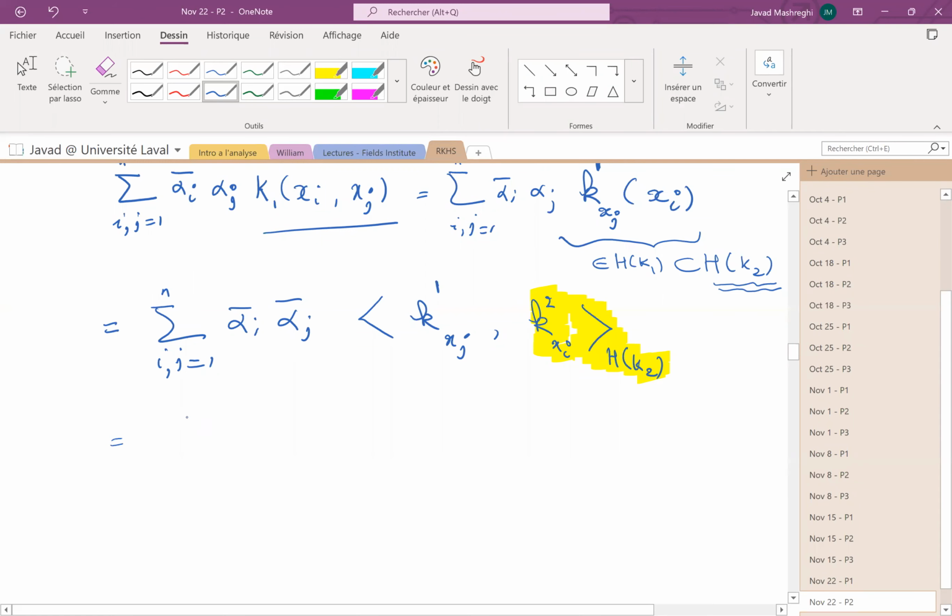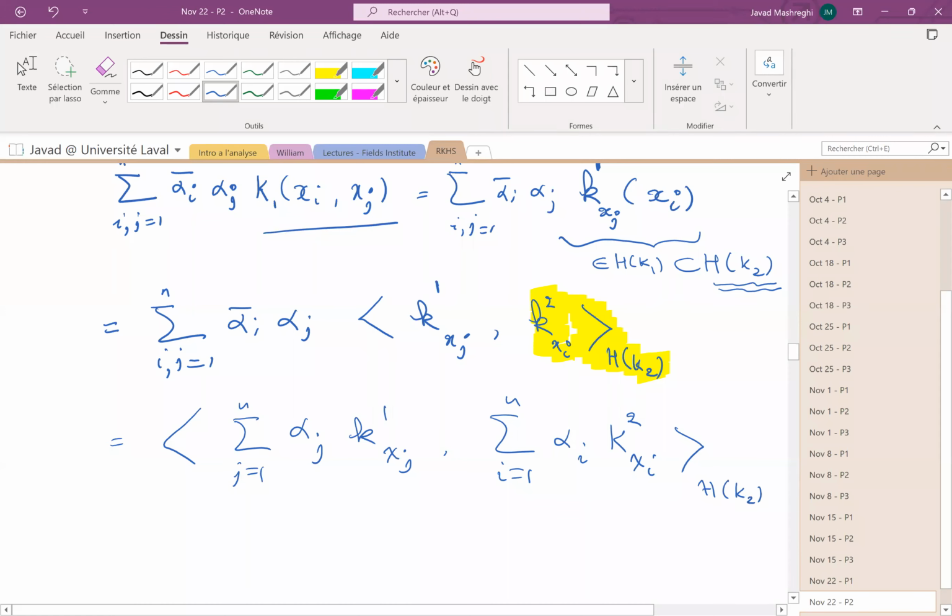You take the sum inside, j from 1 up to n, alpha j k_xj in space 1, and the sum over i from 1 up to n of alpha i k_xi in space 2, H_k2. If you wish, you can take the absolute value, but it's not needed because we know this combination is already positive.